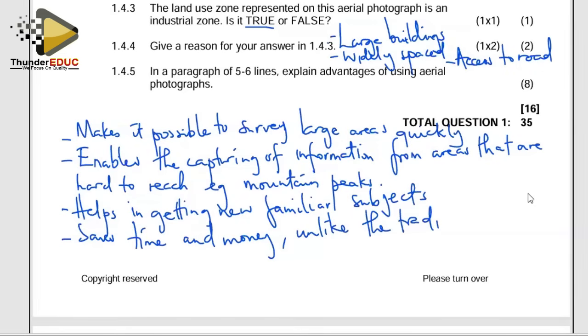Unlike the traditional means, if you were doing geography in the olden days, you were supposed to visit places physically to figure out the landforms and how they are structured. With this, you're no longer going there. You just have your data on your device or have your Wi-Fi in place. Access your Google Images and be able to figure out what is happening there.